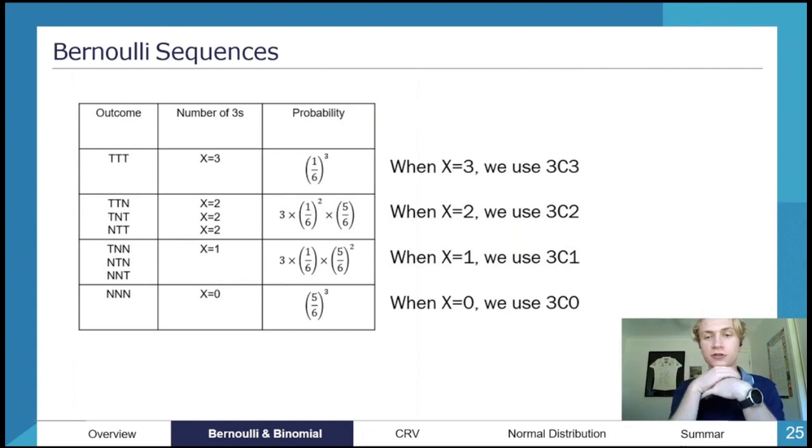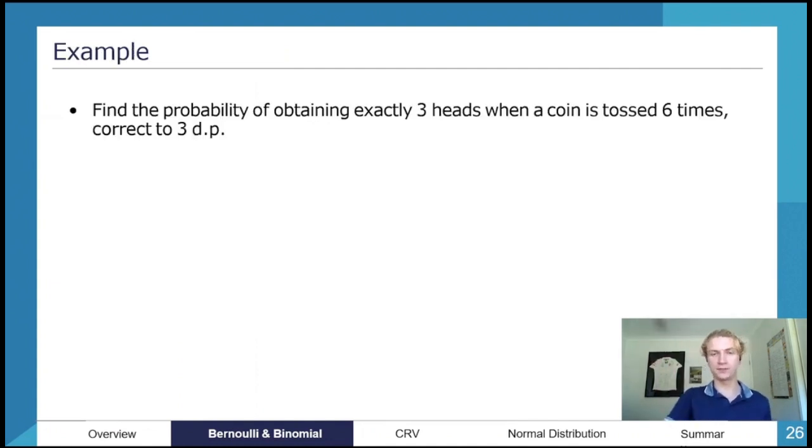When x equals 3, because the trials are still 3, there's still n equals 3, but the value of r, or the value of x, is going to change. So when x equals 3, it would be 3C3 for nCr. When x equals 2, it'd be 3C2, x equals 1, 3C1, when x equals 0, it'd be 3C0, etc. And we get these different probabilities that should all hopefully add up to 1.